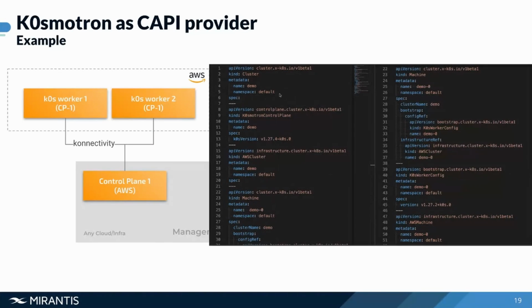Here is the plain definition that leverages k0smotron and the control plane by using this component that we have here, the k0smotron control plane. And we have on the right what defines the nodes, the workers, where your application lives. Again, not that complex. Still needs a little bit of work, but fairly easy to dig in.